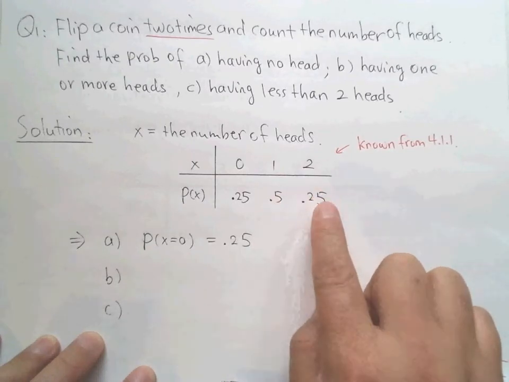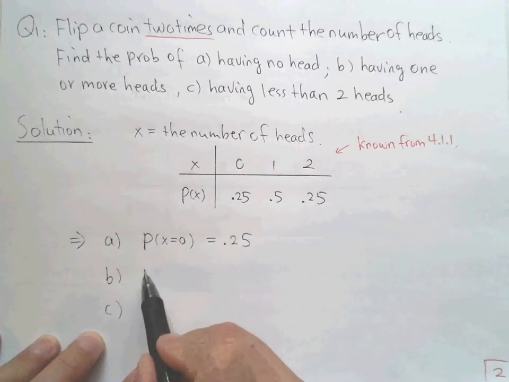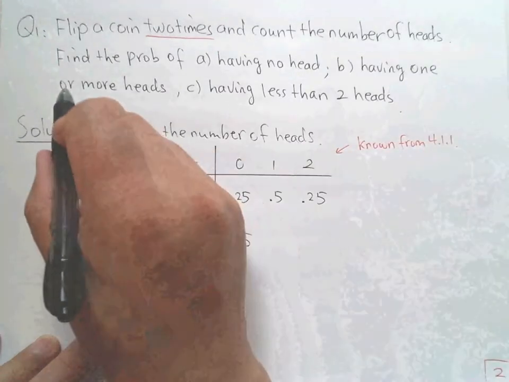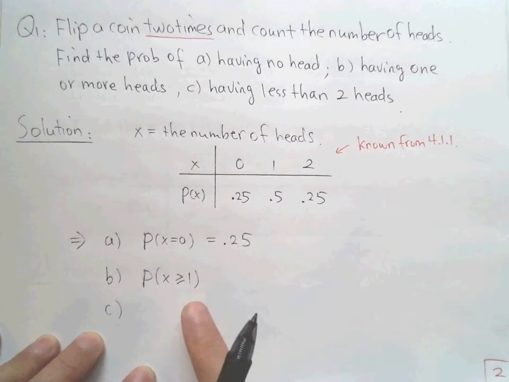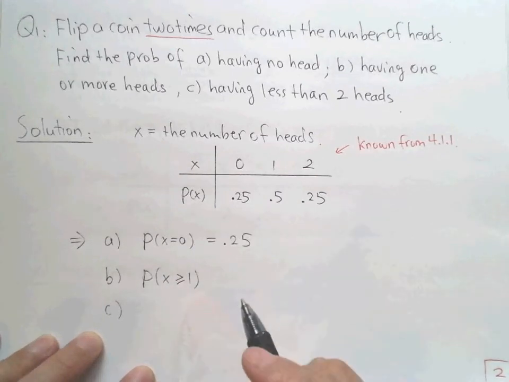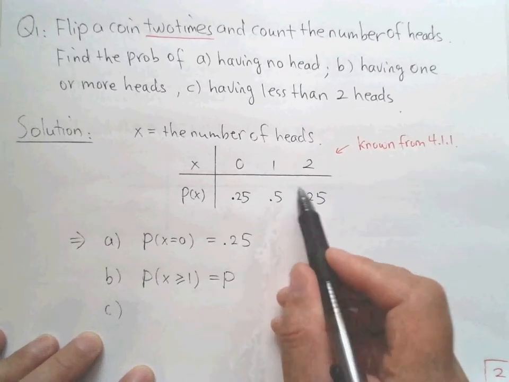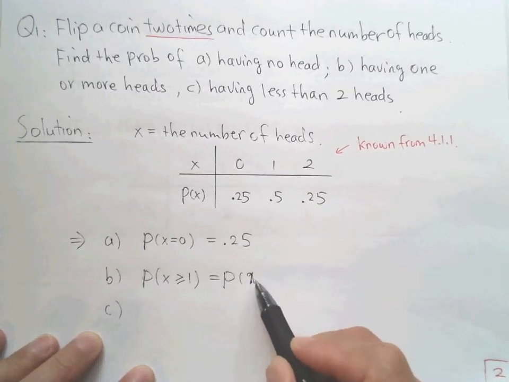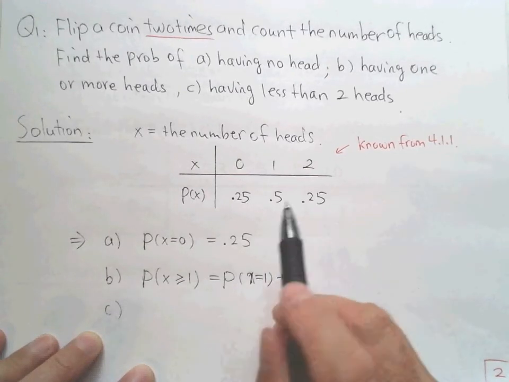From the question, they ask for the probability that x equals 1 or more than 1, which we can write as x greater than or equal to 1. This is the notation in mathematics. From the table, we see x equals 1, or x equals 2.